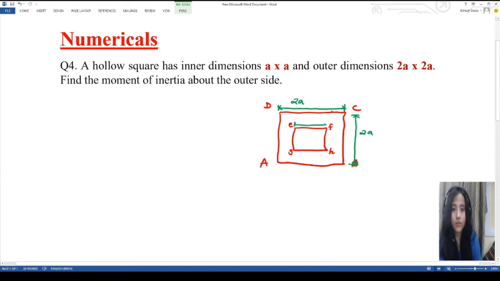For the inner square, it is a and the depth is a, right?